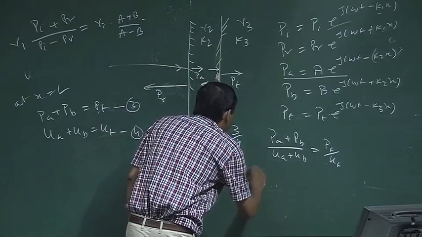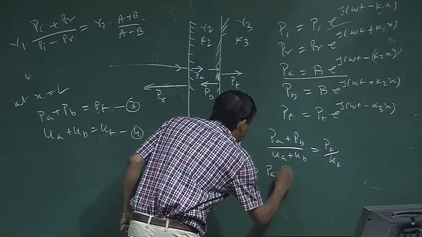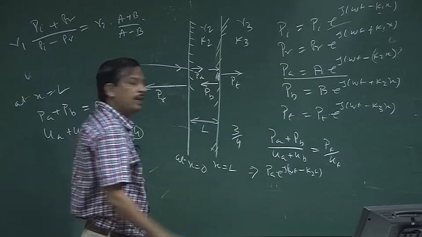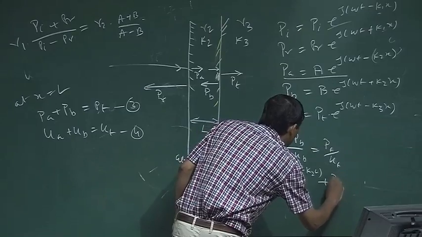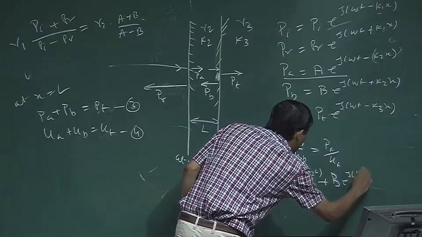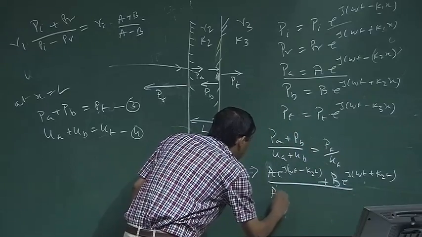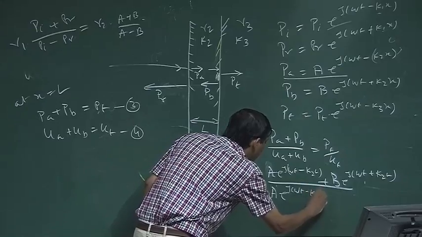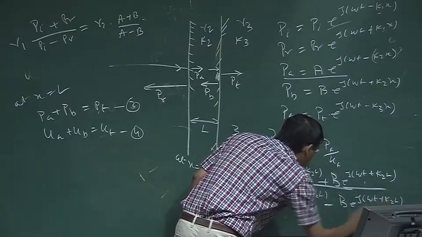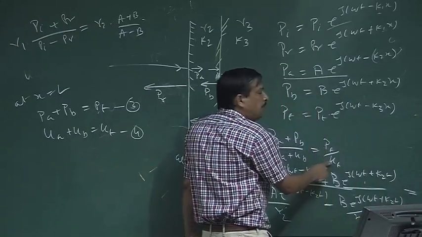So, PA at x equal to L is A into e to the power j omega t minus K2L, plus PB, where the amplitude is B, so B into e to the power j omega t plus K2L, divided by UA, which is A e to the power j omega t minus K2L minus B e to the power j omega t plus K2L, and the whole of this is divided by R2, is equal to PT divided by PT by R3.